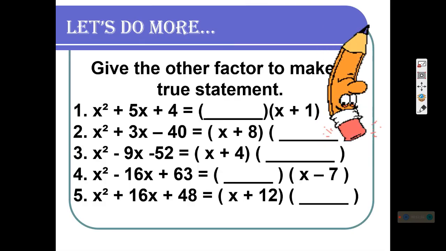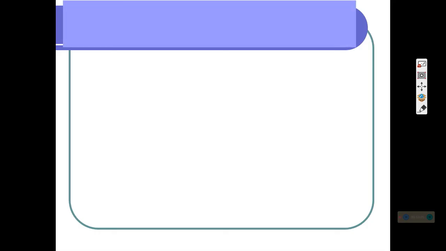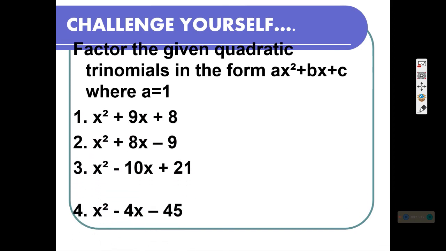Okay? And then, let us have this slide also wherein you are going to test yourself. You are going to challenge yourself, if you really understood how to factor quadratic trinomials in the form ax squared plus bx plus c, where a is equal to 1. So, copy this also on your notes.